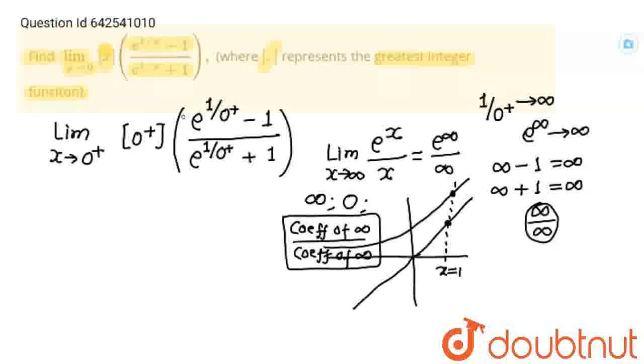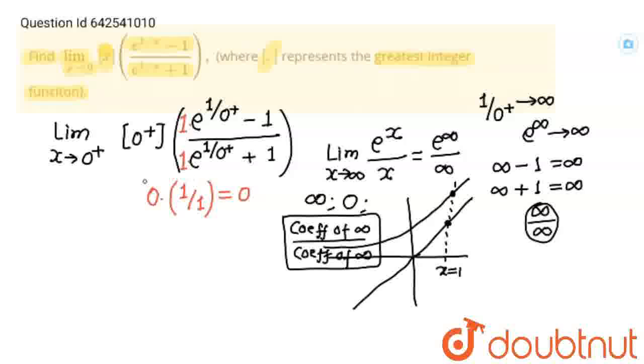Numerator infinity coefficient is 1, and denominator infinity coefficient is also 1. So 1 upon 1 will give 1. And this 0 plus is little greater than 0, and its greatest integer will be 0. So 0 into 1 will become 0.